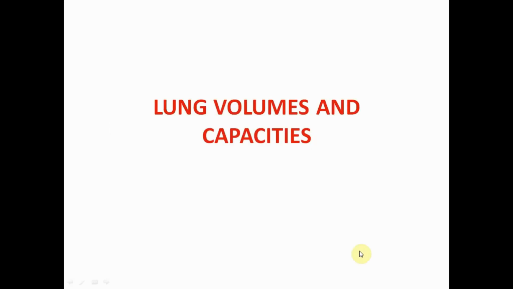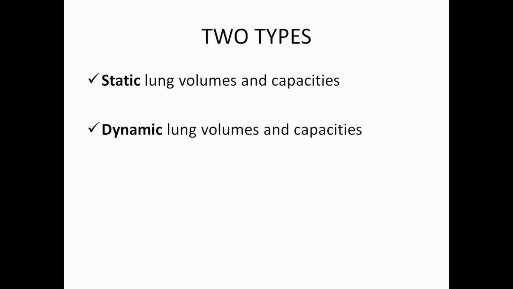Today we will be discussing the lung volumes and capacities from respiratory physiology. In respiratory physiology, all of you would have learned about the lung volumes and capacities, right? So what are the different types of volumes and capacities in the lung?